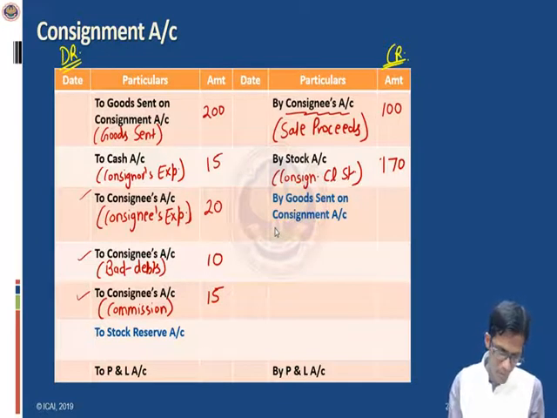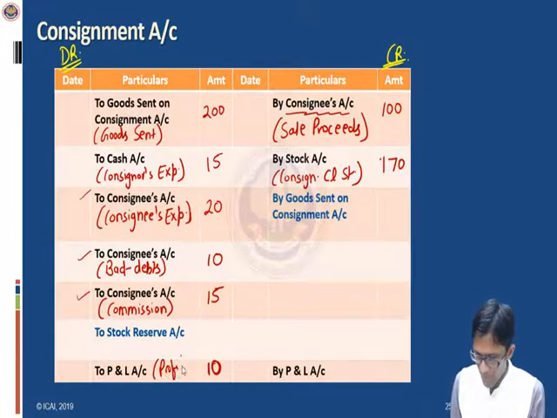First of all, rupees 200, let me deduct it, then rupees 15, then 20, then 10, and finally 15 rupees. So what I have calculated is that we are left with rupees 10, which is the profit.